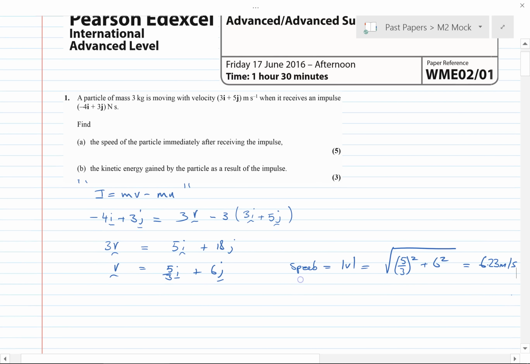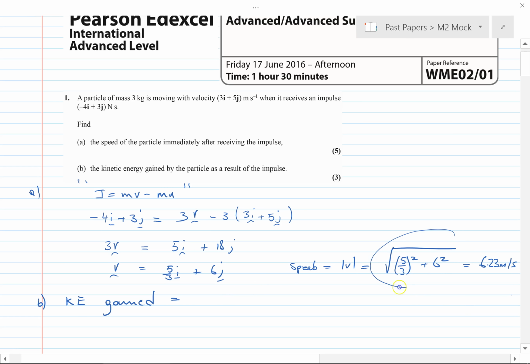The kinetic energy gained, because it's received an impulse, the speed increases, which increases the kinetic energy. Let's just label this. The kinetic energy gained will be equal to the final KE take away the initial KE.